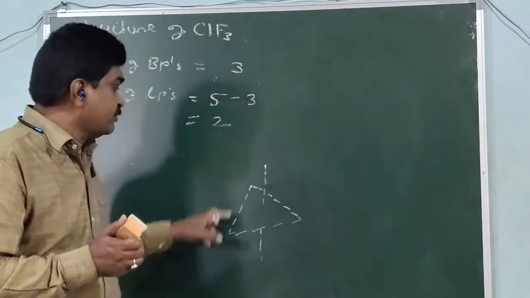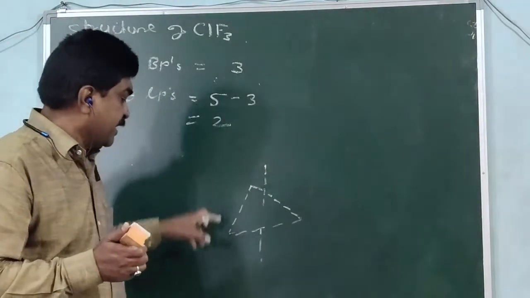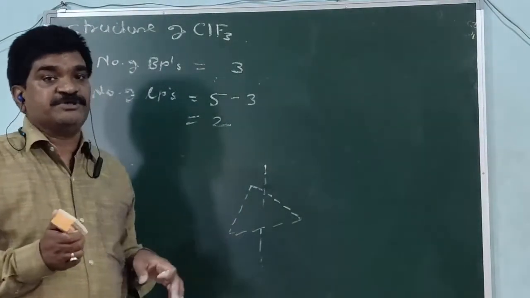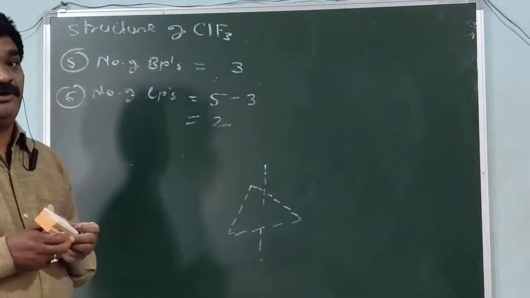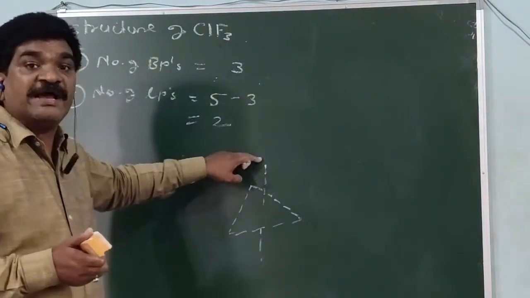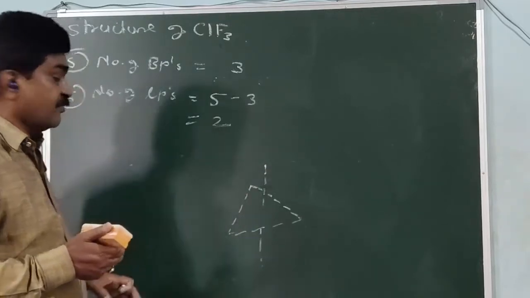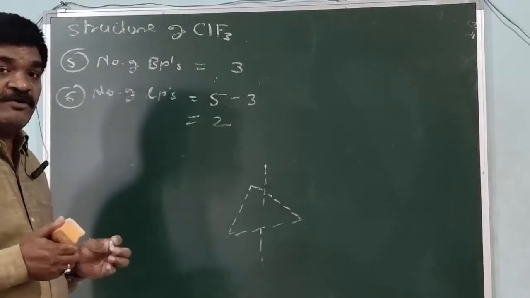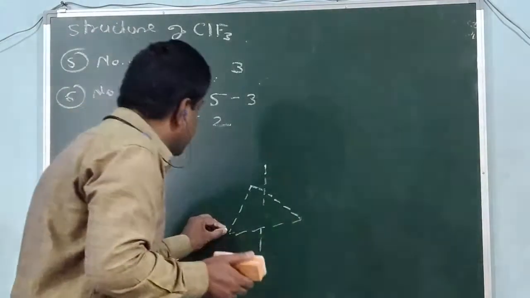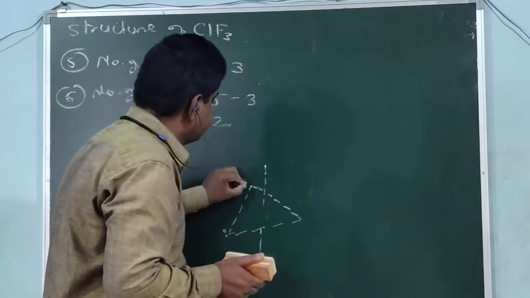When the lone pairs are present in the equatorial position, they experience less repulsion than when they are present at the axial position. So here let me put these lone pairs at the equatorial position.